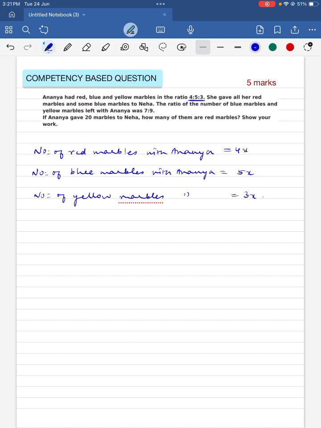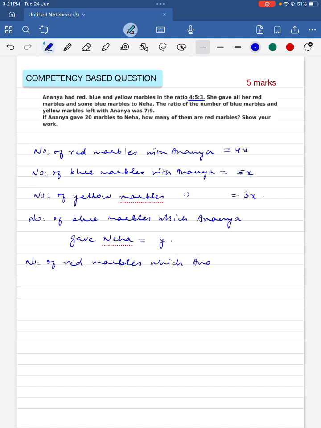Now the number of blue marbles which Ananya gave Neha I'm taking as equal to y. And the number of red marbles which Ananya gave Neha I'm taking as equal to 4x.